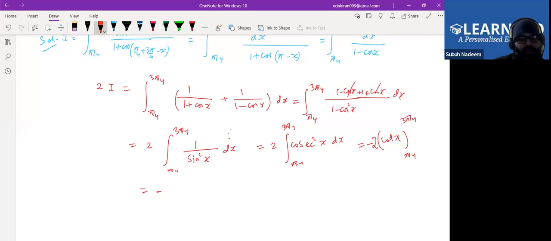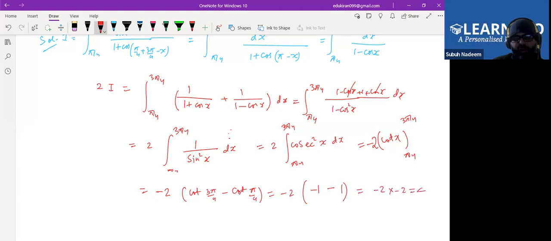So this is minus 2 times cot of 3 pi by 4 minus cot of pi by 4. Cot 3 pi by 4, which is 135 degrees, is minus 1, and cot pi by 4 is 1. So this will be minus 2 into minus 2, which is 4.